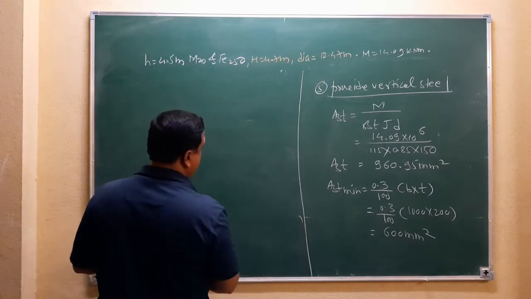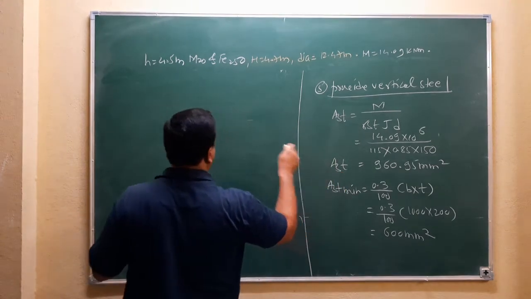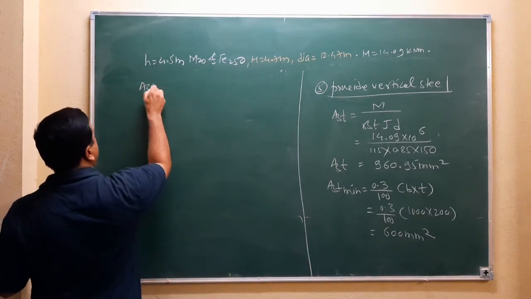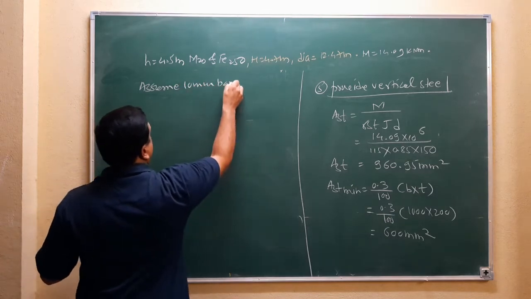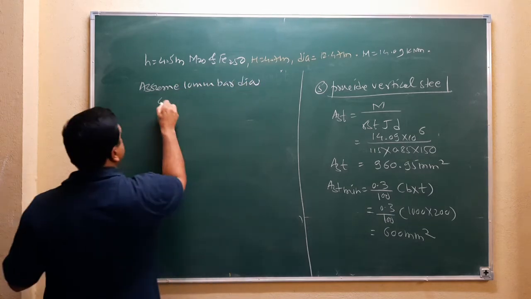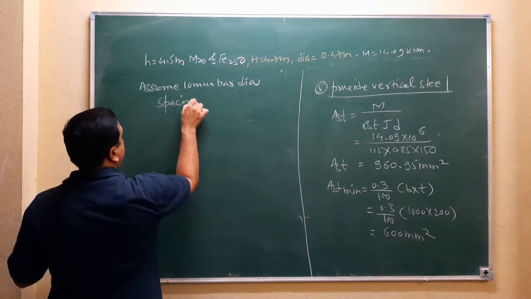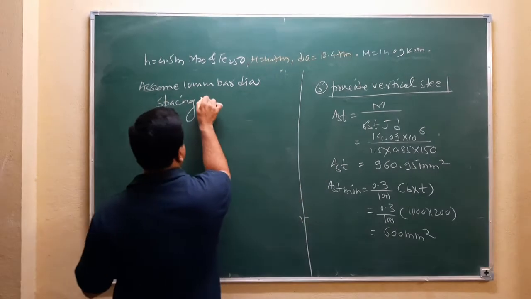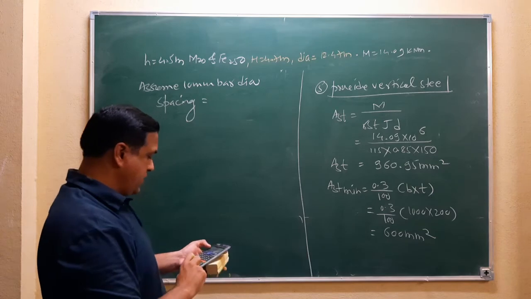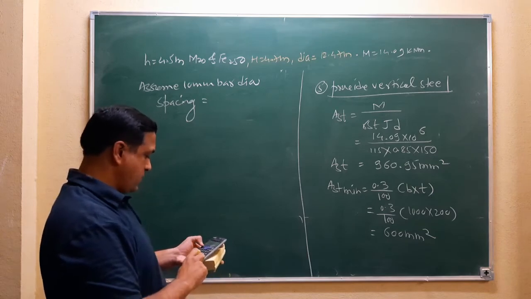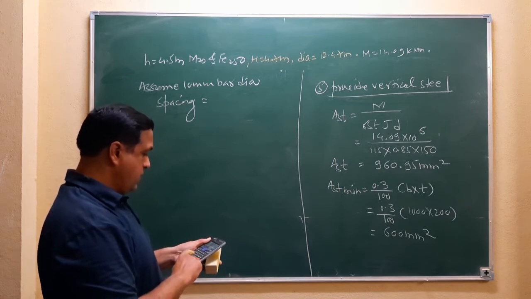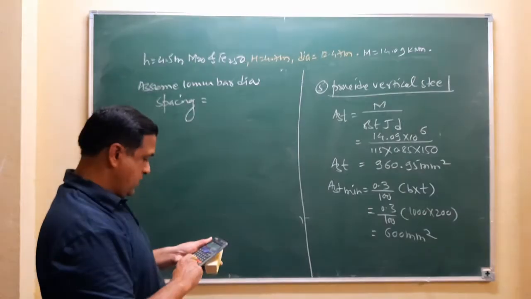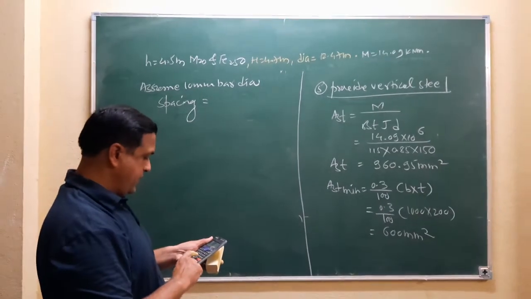Next is assume sufficient bar. Assume 10 mm bar diameter. And what is the spacing for this steel? I will calculate. 5 by 4 into 10 into 10 into 1000 divided by 960.95.